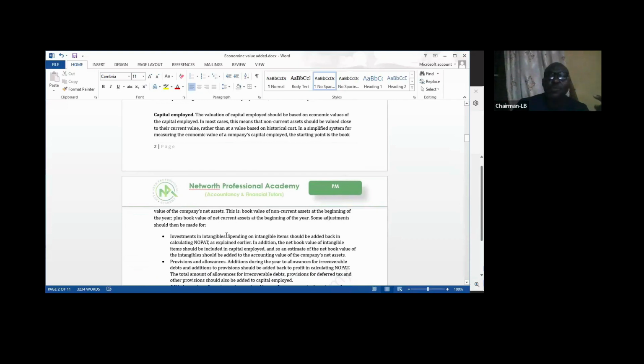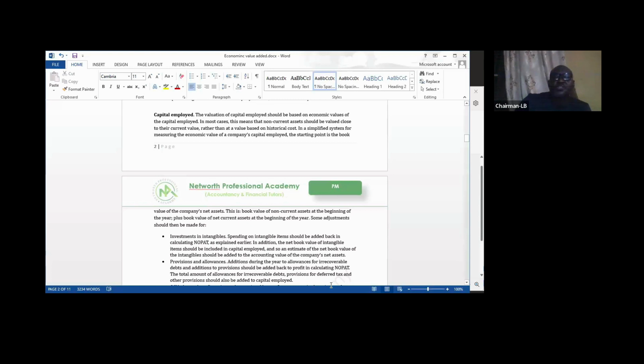What are the intangibles? One is, if a company invests in training and development, it's going to be capitalized in the business. If a company has operating lease, even though that asset is not owned, you are going to capitalize it.